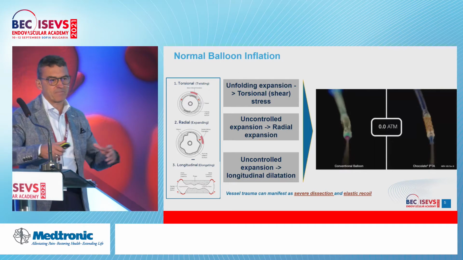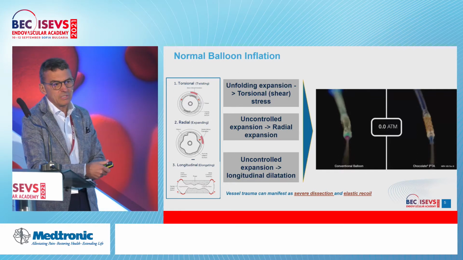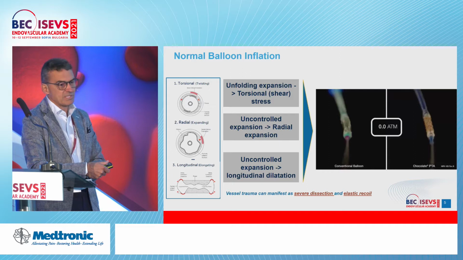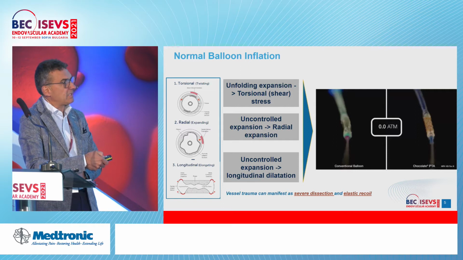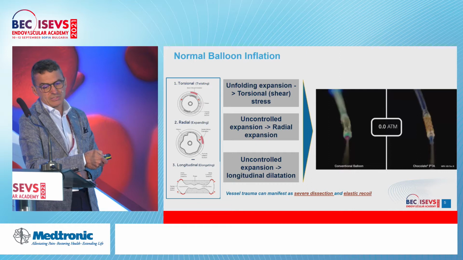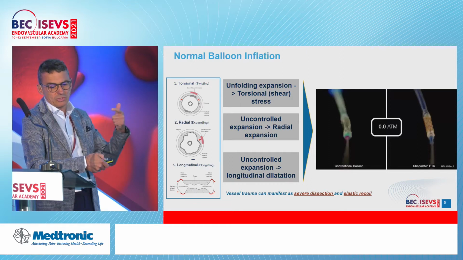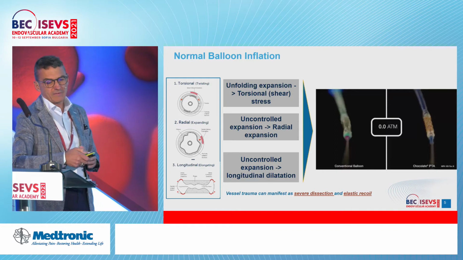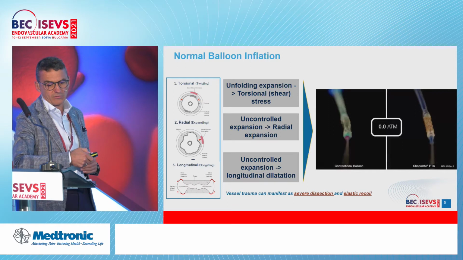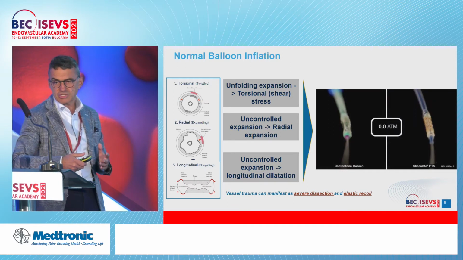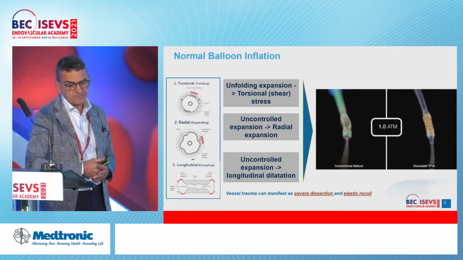So at the two tips of the balloon, there is a significant risk of tissue and vessel wall damage and dissection. Because of that, over time there were strategies of non-compliant balloons and scoring balloons to redistribute the tension of the balloon over the vessel wall more evenly, in order to avoid local shear stress and local dissection.